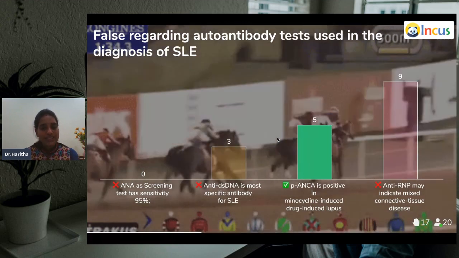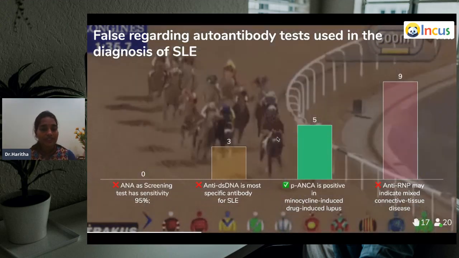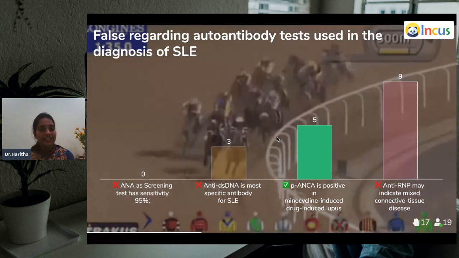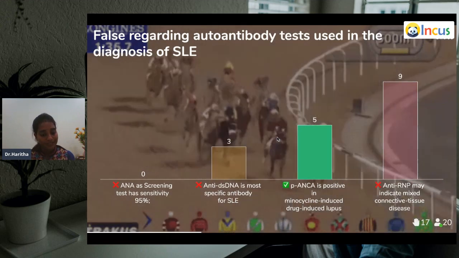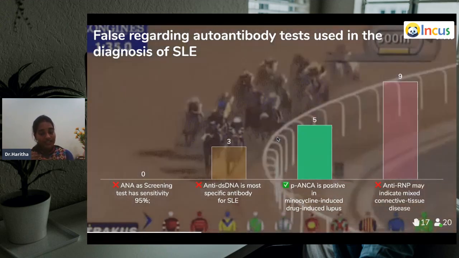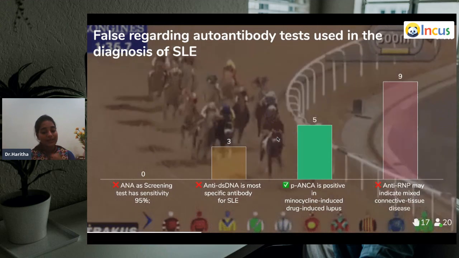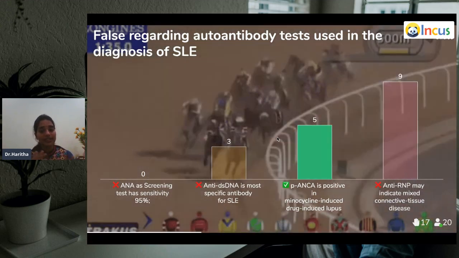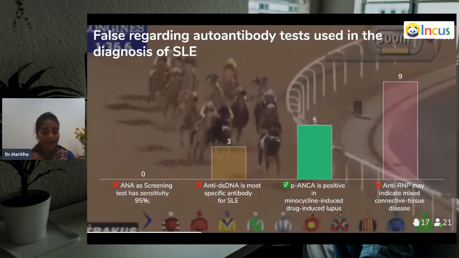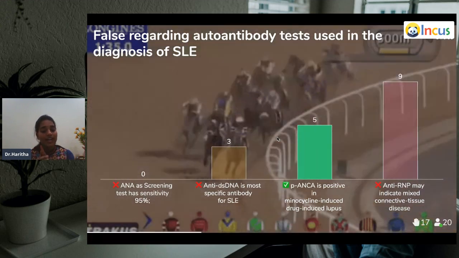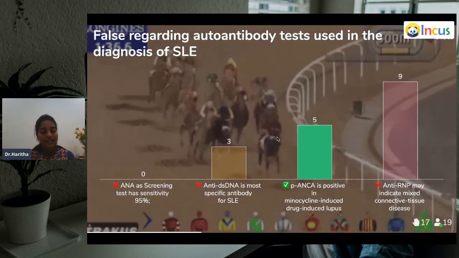So, what is it? Let us talk about the diagnostic studies. What happens behind the screen and what actually are important: ANAs, anti-double-stranded DNA antibodies, anti-Smith antibodies, which are more specific, anti-Sjogren syndrome A and anti-Sjogren syndrome B, anti-ribonucleoprotein antibodies, with anti-Smith, anti-SSA, and anti-SSB that is responsible for mixed connective tissue disease, anti-cardiolipin antibodies that is for screening antiphospholipid antibody syndrome, lupus anticoagulant, direct Coombs test, antihistones, and in that you have P-ANCA, minocycline.